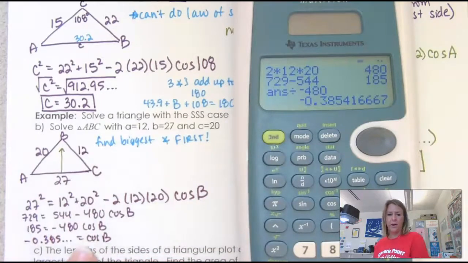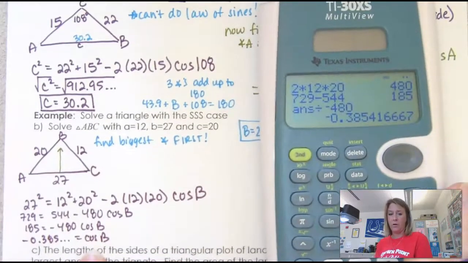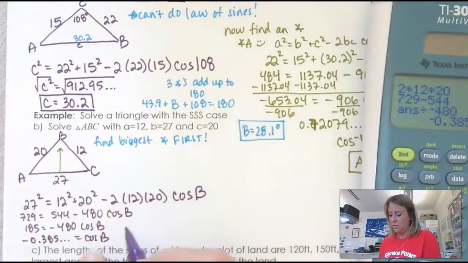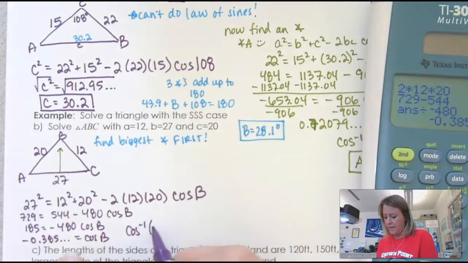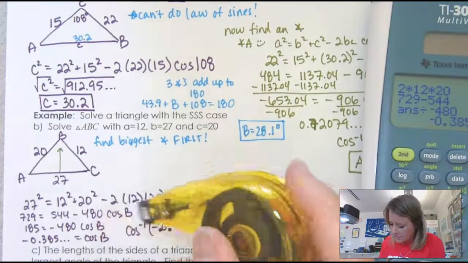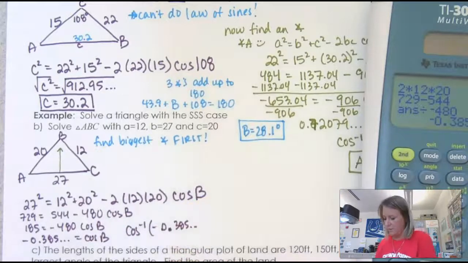So in order to figure out what cosine B is, I need to do the arc cosine. So I'm going to do cosine with that little negative 1 there of negative 0.385. Sorry, guys. I think I want to throw an extra 0 in there for some reason.